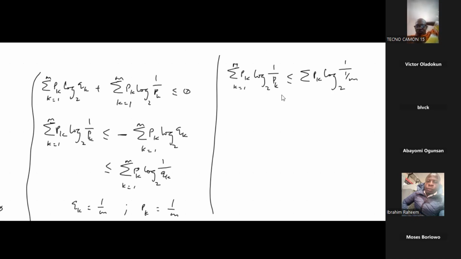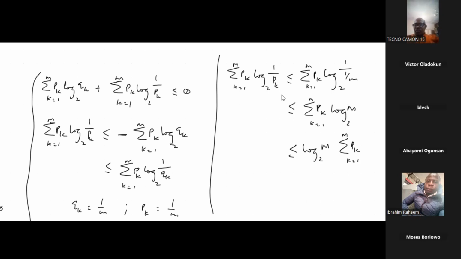And this now will be the same as sigma p sub k, k equal to 1 to m, log m base 2. Now, this is the same as saying log m base 2 sigma p sub k, for which k takes on values within the range of 1 to m.